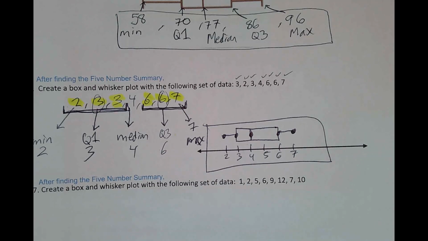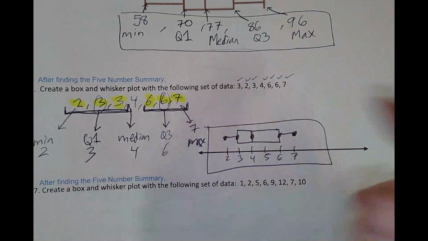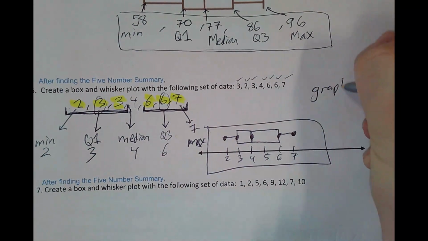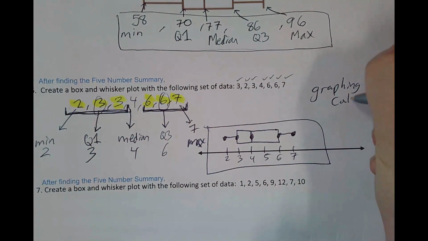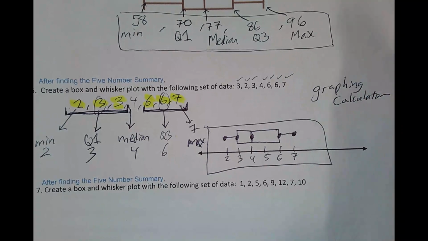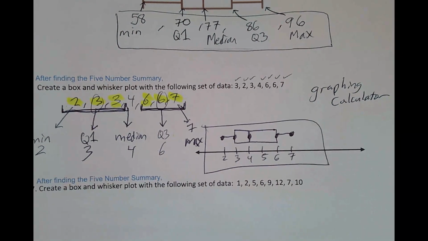All right, our last piece is how do you find the 5-number summary using a graphing calculator? See if you recall how to find the 5-number summary on a graphing calculator.